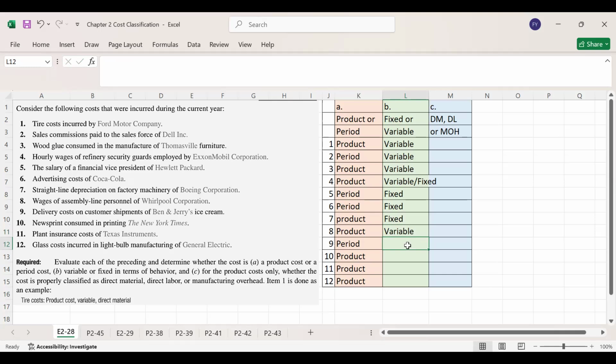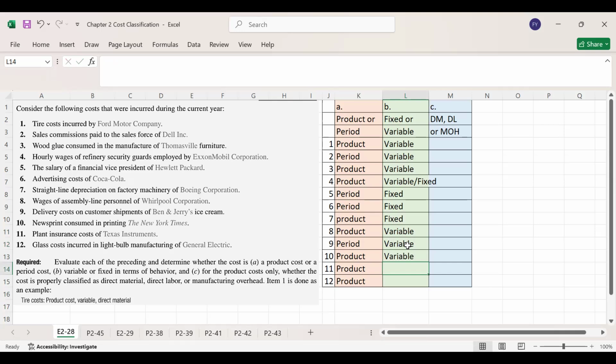If more ice cream is in demand, then more shipments are required, so more delivery costs will be incurred. So this is a variable cost. Newsprint consumed: with more newspapers, more printing is required, so more newsprint is required. So this is again a variable cost.